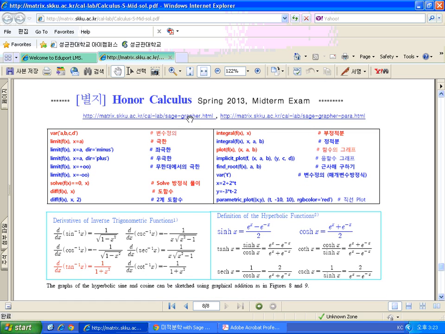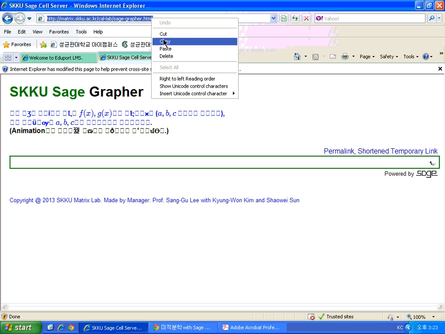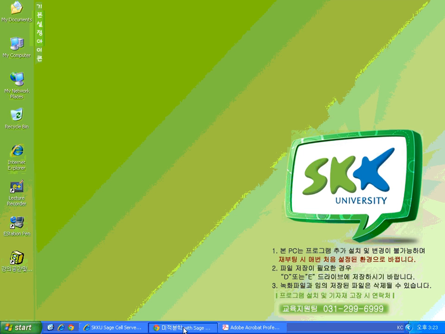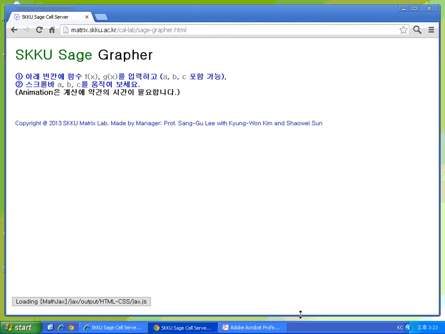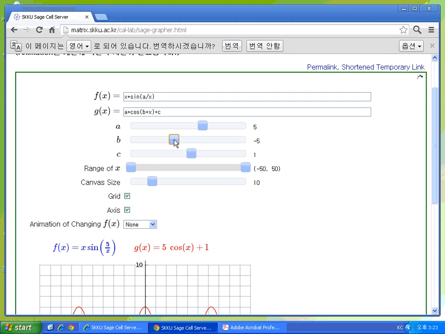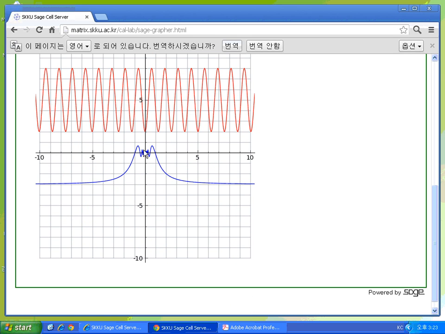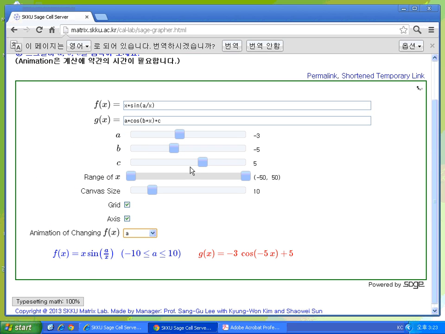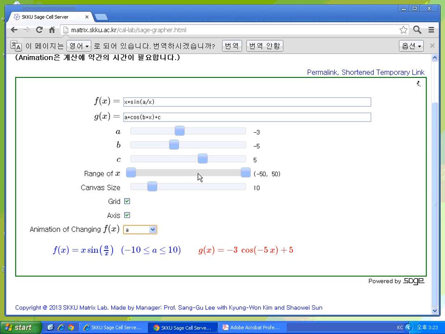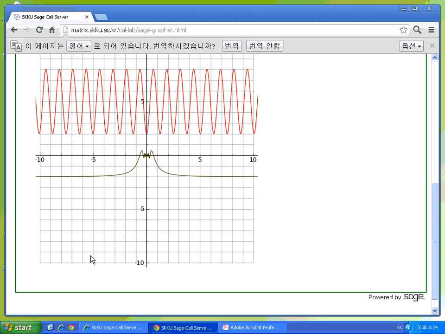But also, I gave you the newly developed graph, which you can easily manipulate, and also you can find the animation of these given functions without much difficulty.